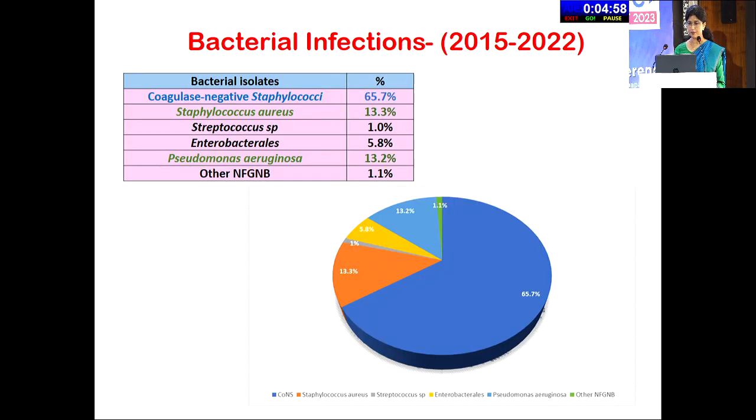It is clearly seen in this pie chart that coagulase-negative staphylococci are responsible for 66% of microbiologically confirmed bacterial infections, and Staphylococcus aureus and Pseudomonas aeruginosa are responsible for 13% each. Enterobacterales, a group of gram-negative bacteria including E. coli, Proteus, Klebsiella, etc., cause 6% of the infections.